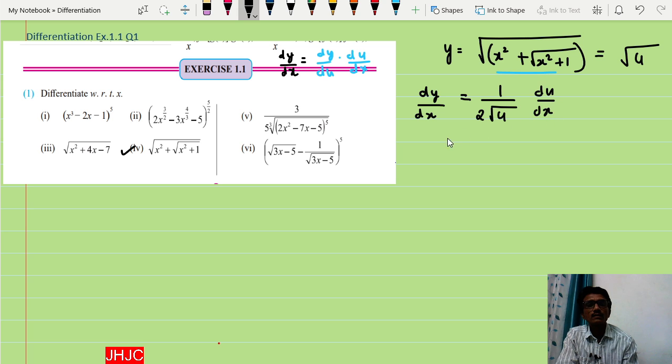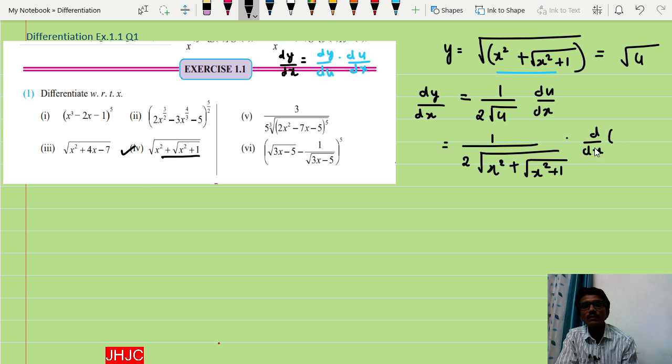Then this is 1 upon 2 root of u, that is 1 upon 2 root of x square plus root of x square plus 1, into d dx of the same x square plus root of x square plus 1.